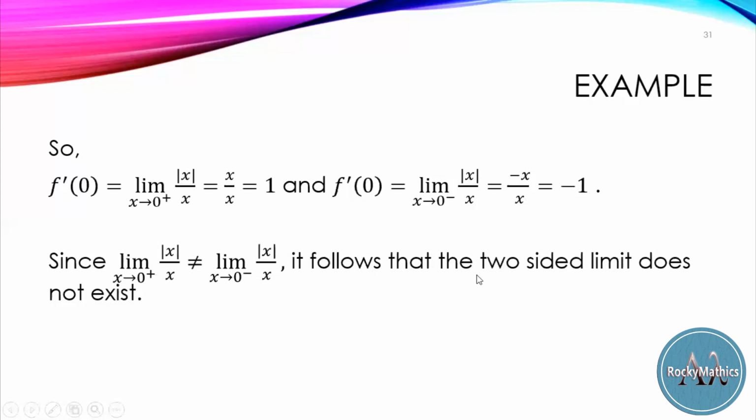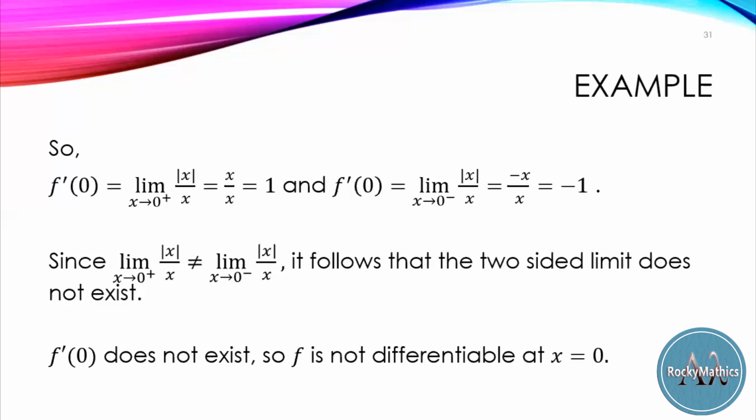Then it follows that the two-sided limit does not exist, because we have a theorem that for a limit of a function to exist, the left-hand limit must be equal to the right-hand limit. But since they're not equal, the two-sided limit does not exist.